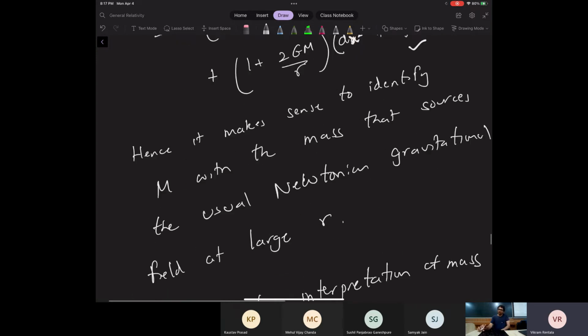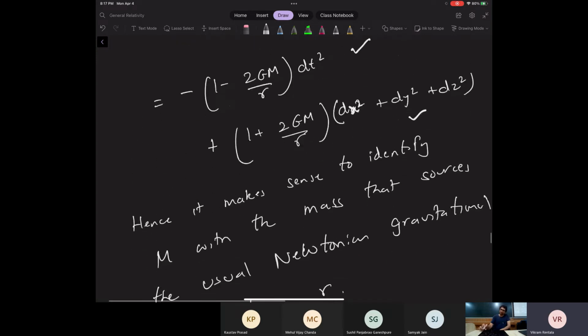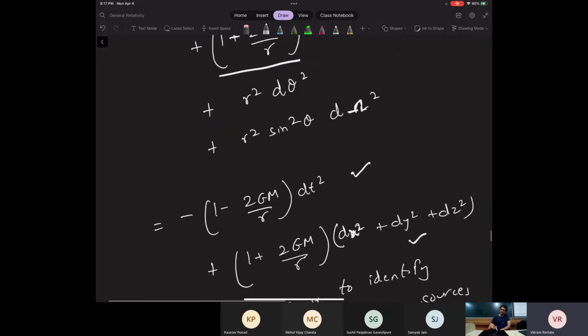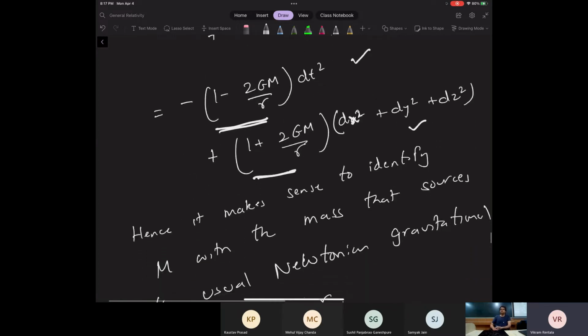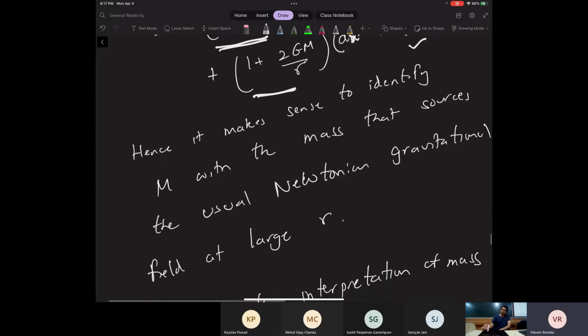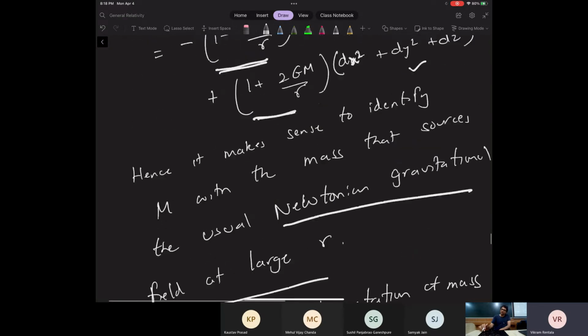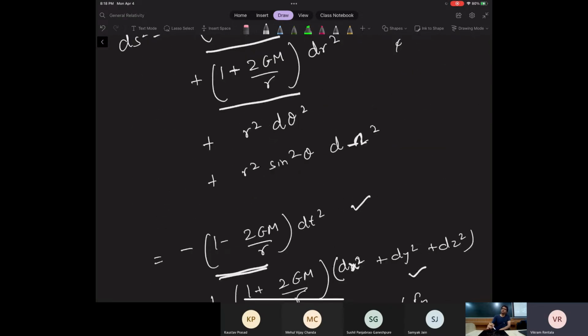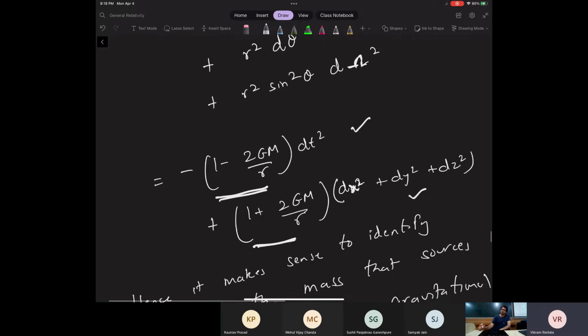You see that this is exactly the form of the metric that we had in the weak field approximation. In the weak field approximation, with sources that give us a Newtonian gravitational field at large r, we saw exactly this kind of potential. So it makes sense to write that constant in this form.